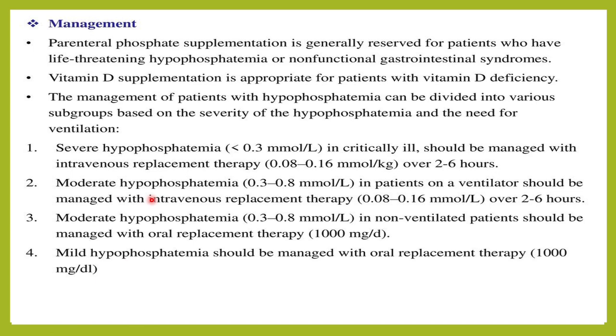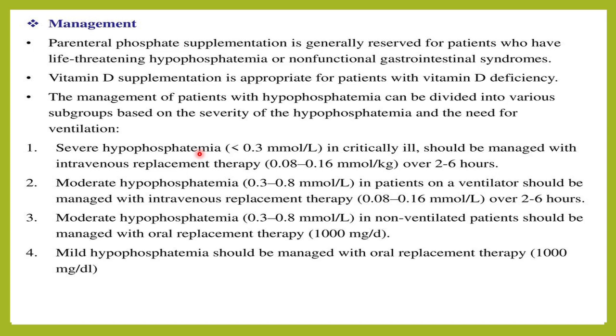If it is moderate hypophosphatemia and the patient is on a ventilator, then we will have to give them intravenous phosphate therapy. And if it is severe hypophosphatemia, when the level of phosphate is less than 0.3 millimoles per liter and the patient is critically ill, we will have to give IV replacement therapy over 2 to 6 hours.